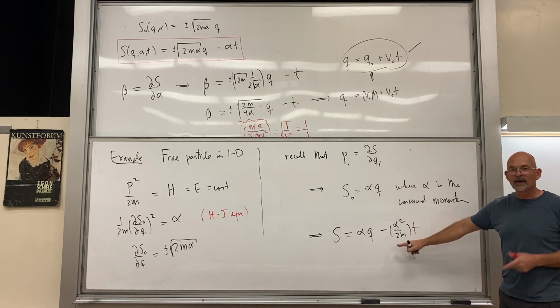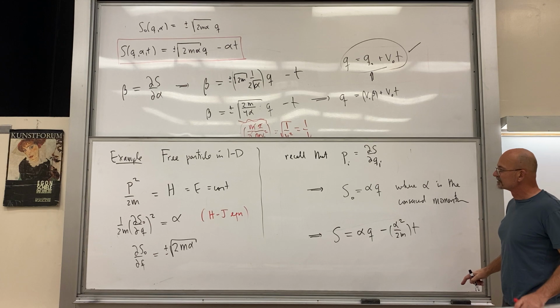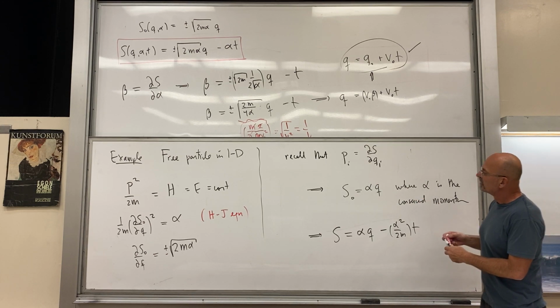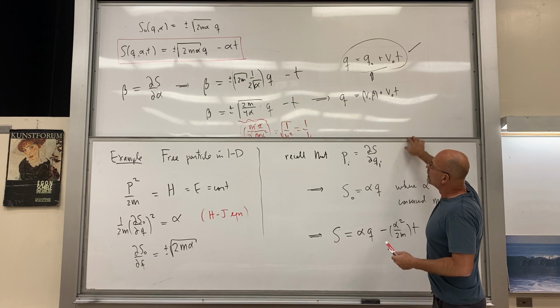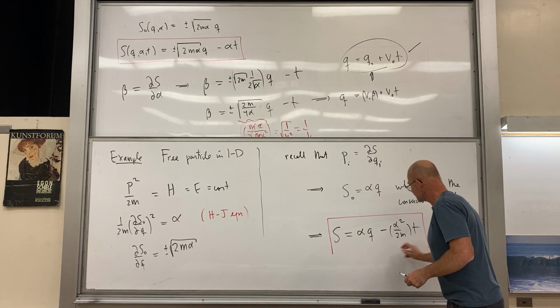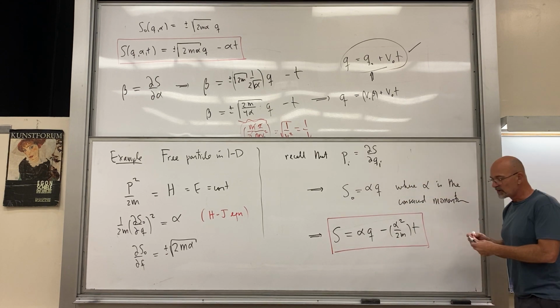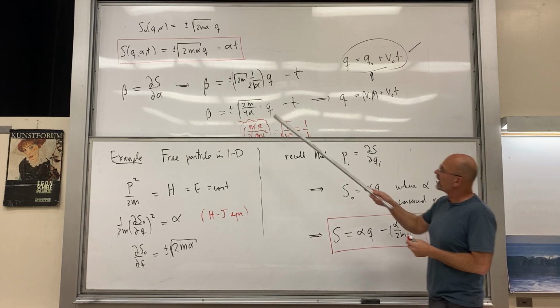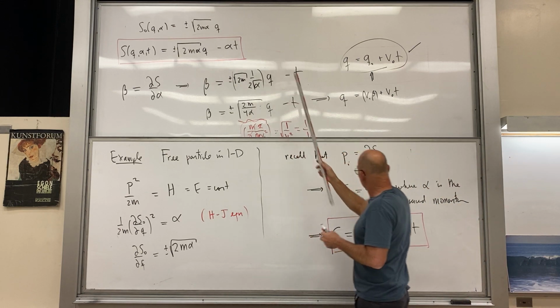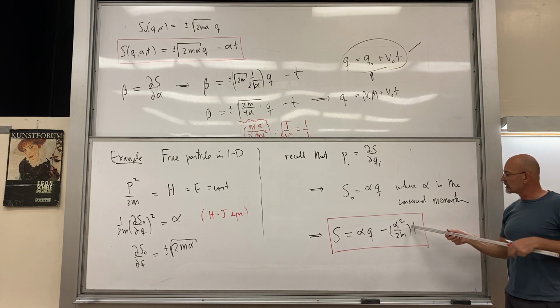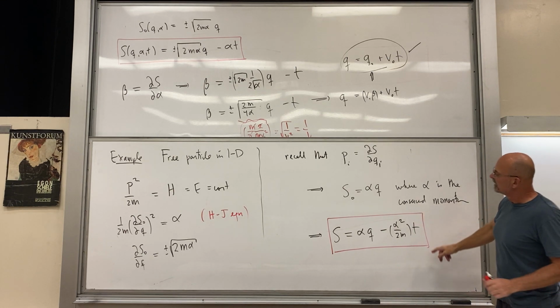P squared over 2m is your energy, like over there. So notice this is an alternate form of the solution, and good thing I have the other one on the board as well. Here we had root 2m alpha q minus alpha t. Here we have alpha q minus alpha squared over 2m t. Let's go ahead and do this one quickly, see what happens.